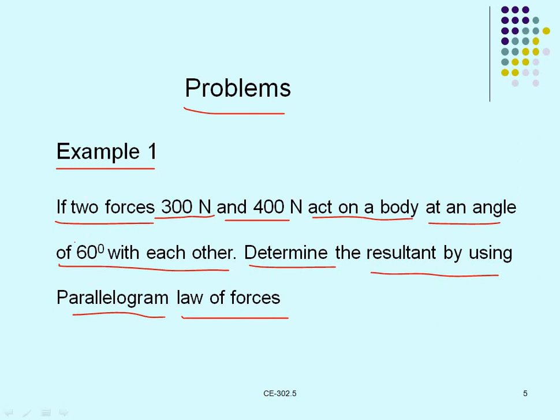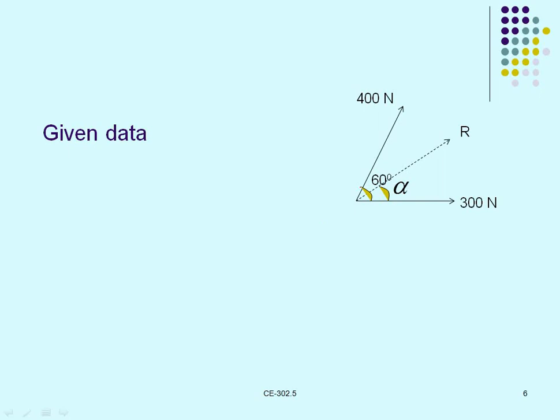So here the 300 newtons and 400 newtons forces are acting on a body at an angle of 60 degrees with each other. This is a point, and the resultant is in between. We have to find the alpha.